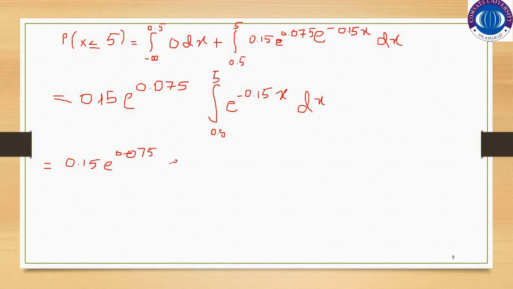This would be equal to 0 minus e raised to power minus 0.15 x, whole divided by minus 0.15. You have to recall the rules of integration from calculus.